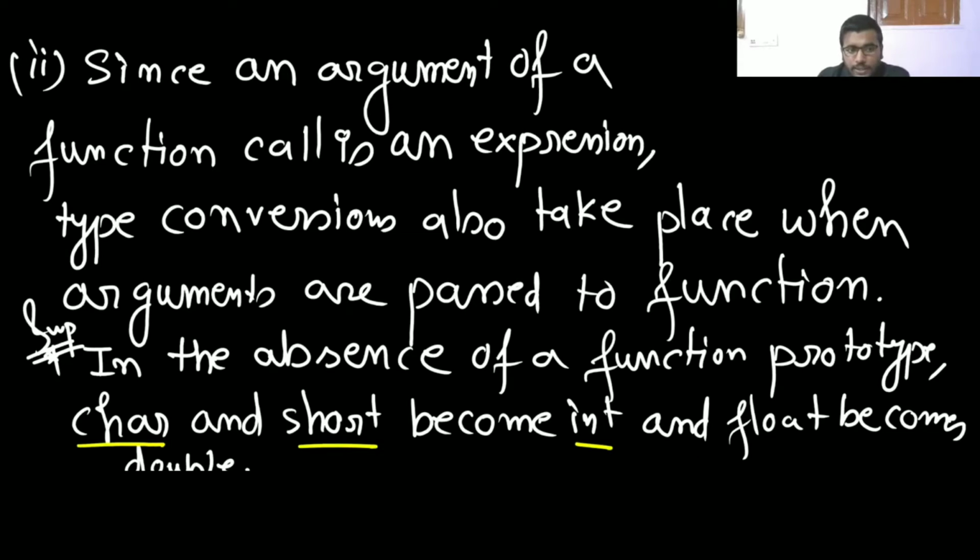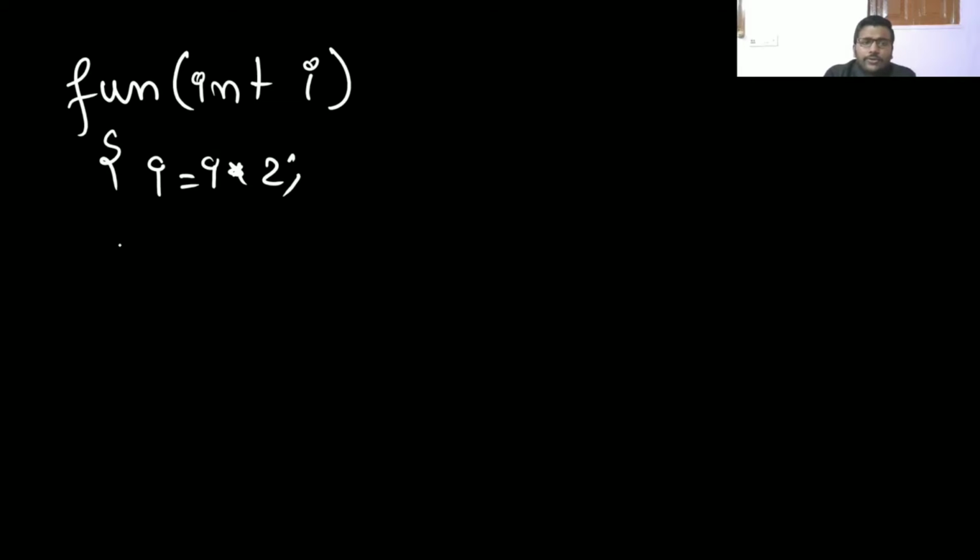What I mean here is, if you are writing some function and you have not given its prototype, say a function with int i, doing some work like i is equal to i into 2. Now if you are calling this function on 2, this 2 is going to be converted into int. Why?